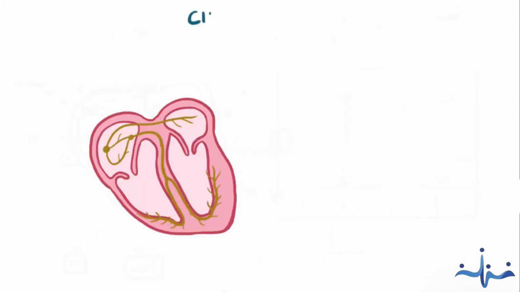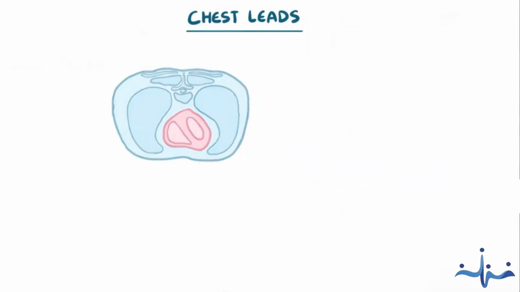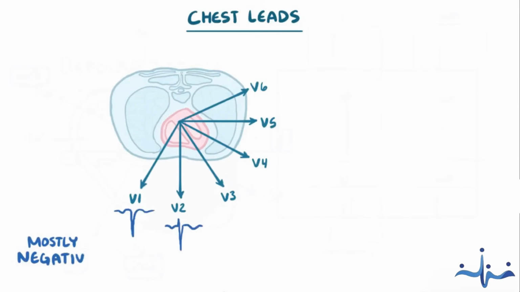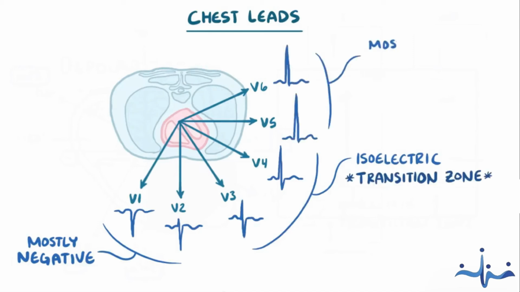Now let's switch gears and talk about the chest leads, which essentially view the heart in a different plane. Looking down at the heart, we have leads V1, V2, V3, V4, V5, and V6. Normally, the QRS complex is negative in leads V1 and V2. It's isoelectric in leads V3 and V4, which is called the transition zone, and positive in leads V5 and V6.